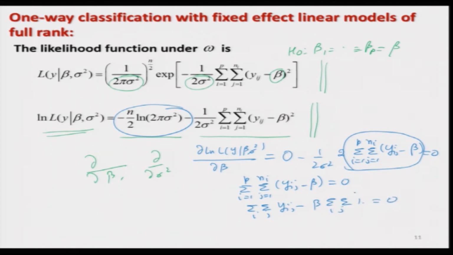And if you try to take the sum, i goes from 1 to p and j goes from 1 to n_i, that is simply going to be n1 plus n2 plus np, which is equal to n.